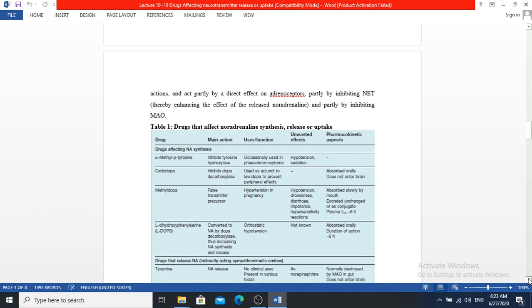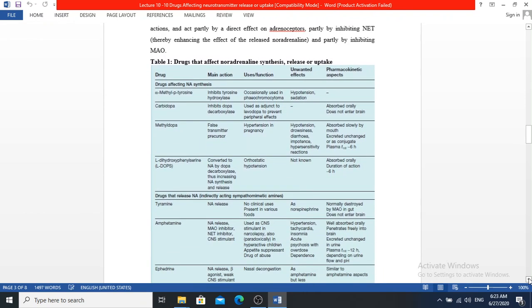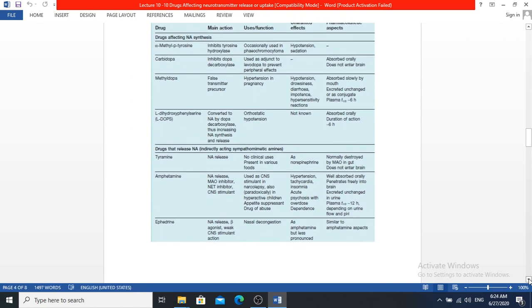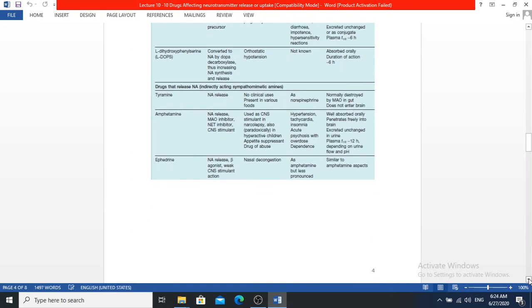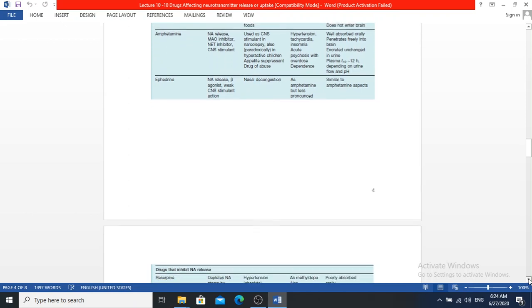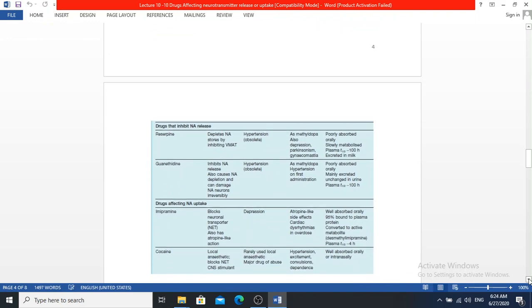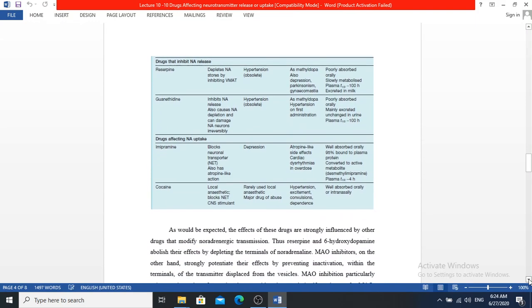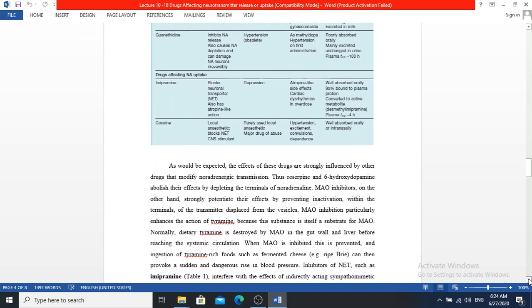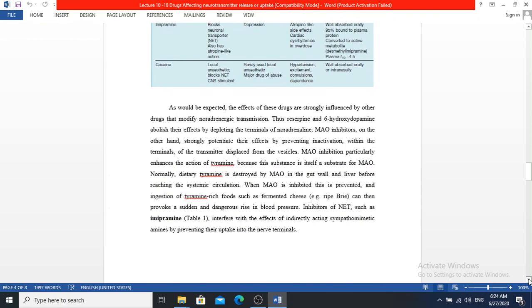Please always refer to the tables that help you in understanding what we say. These are two very important tables and they may give you full understanding about what we say. As would be expected, the effects of these drugs are strongly influenced by other drugs that modify noradrenergic transmission.